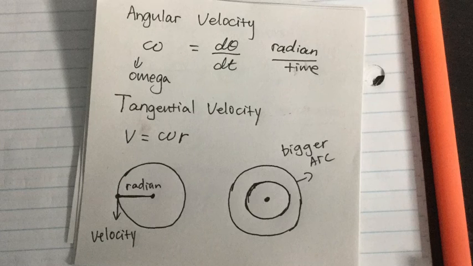So the tangential velocity of a point all depends on the length of the radius. If the radius changes, the tangential velocity changes.